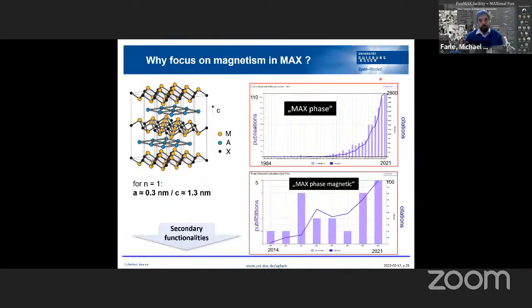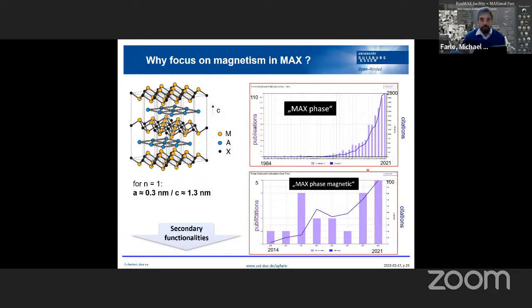Now, maybe from the junior researcher's perspective, why should you enter the field of MAX phases? Just look at the number of publications over the last years. For this, these are all MAX phases, so till 2021. The magnetic MAX phases are just starting, you see here, so it's just at the rise, maybe here.